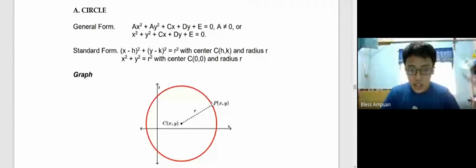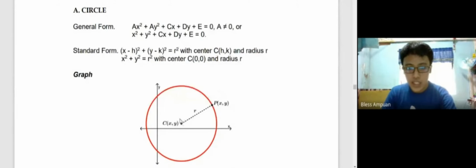Then the distance from the center to any point, the red part, is the radius. Last time, in your exercises, there is a given that you solve for, I have a given diameter.